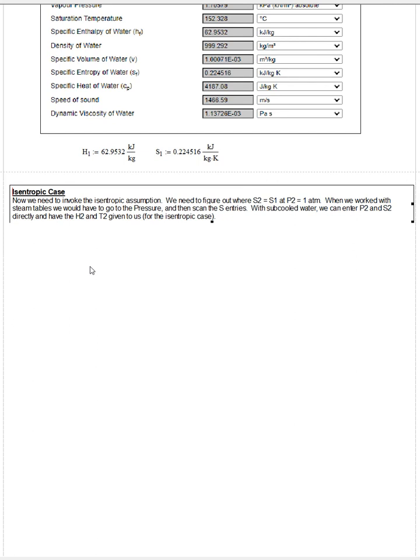If you were doing this with your steam tables, we would go to 1 atmosphere, or 101.325 kilopascals, and then scan along to find where S2 is equal to 0.224516. Of course, we can't do this with our textbook because we don't have subcooled liquids, but that's the general gist of what we would be doing.